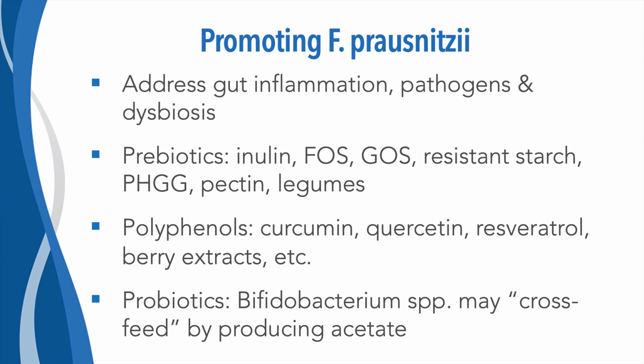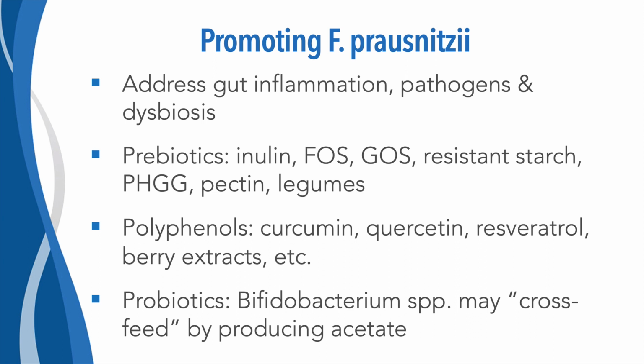In addition, there are a number of diet and supplementary approaches that can be helpful to promote Faecalibacterium, and that includes prebiotics, so things like inulin, FOS or fructooligosaccharides, GOS or galacto-oligosaccharides, resistant starch, partially hydrolyzed guar gum, pectin, and then sources of fiber from legumes have also been shown to help promote Faecalibacterium.